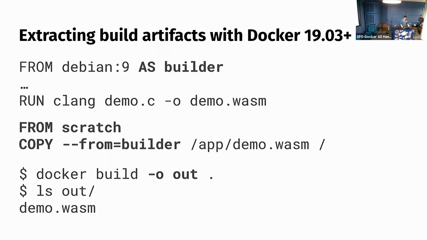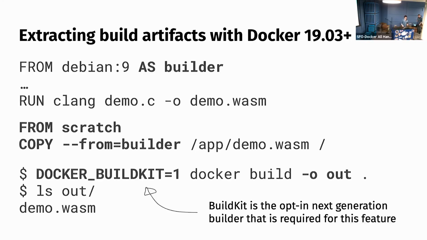So when this builds, it will build all of the builder stage, get the Wasm and then put that Wasm file into a scratch container. And when I build this, I can specify where to put all the contents of my final image. And here I just specify a directory called out. And when I run this, I see that in out I have my Wasm artifact.